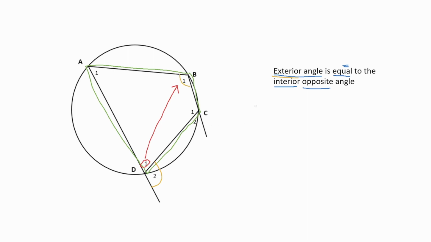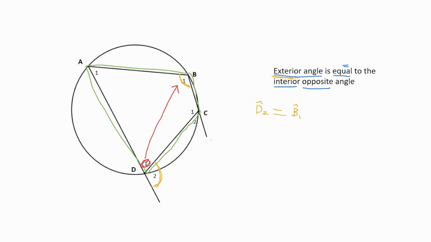So we can write that D2, because remember, D1 is the opposite angle, but it says here the exterior angle is equal to the interior opposite. So it means that D2 is equal to B1. So we only use D1 to check what's opposite.